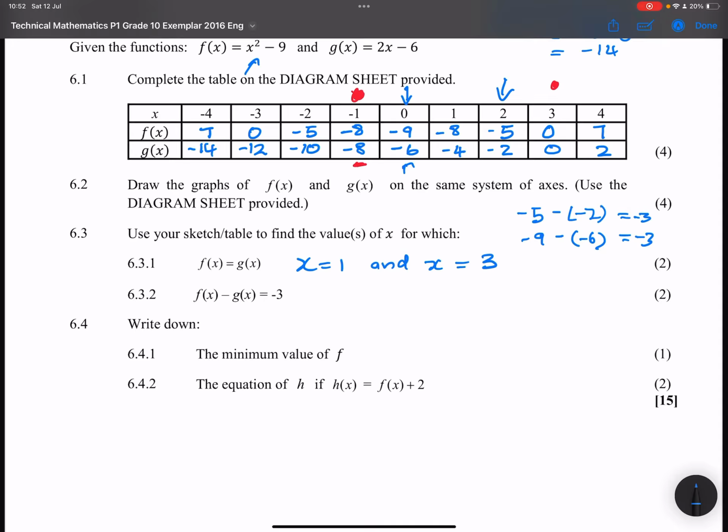Which other one? It looks like it's those 2 points. So where does that happen? Well, when x is equal to 0 and at x is equal to 2.